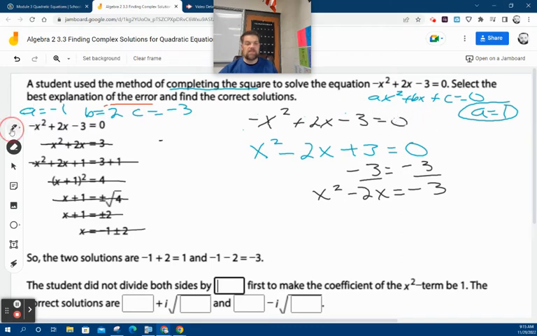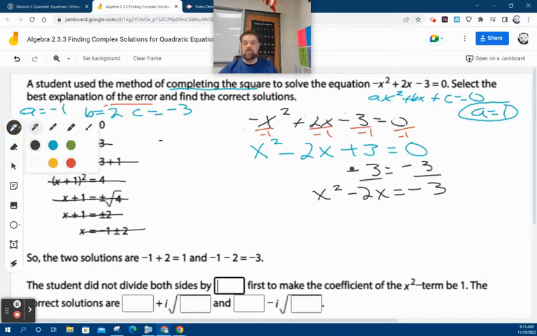So you get the same answer, right? So if I divide this by negative 1, remember when you multiply or divide, you have to do it to everything. So you still get this next line here, still the same. All right, so now what do we do? Well, now we finish the process.